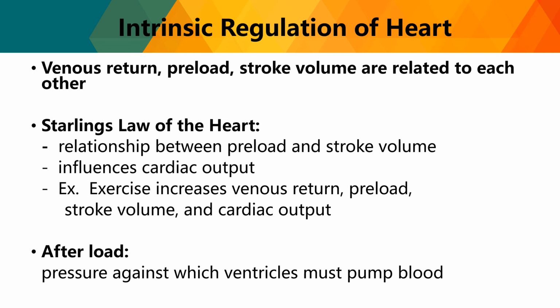And we have what you call the Starling's law of the heart. It is the relationship between preload and stroke volume. It influences the cardiac output. So for example, exercise increases the venous return, the preload, the stroke volume, and your cardiac output. So the afterload naman is the pressure against which ventricles must pump the blood.